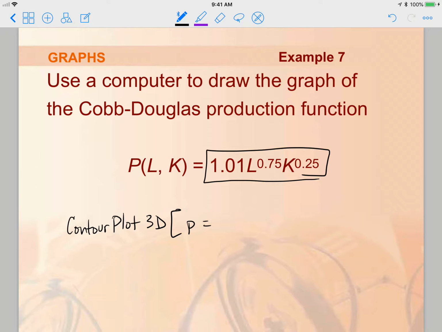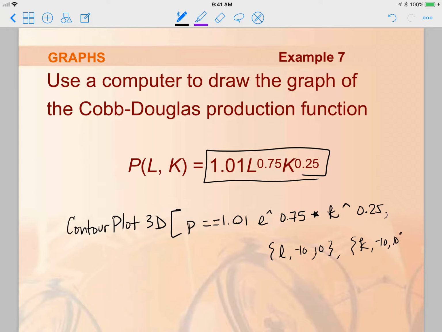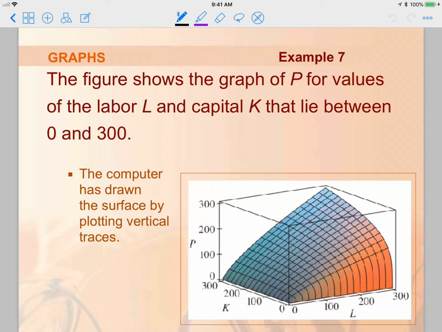So you could say p equals 1.01 times l to the 0.75, times k to the 0.25, and then you just give your domain for L, maybe negative 10 to 10, your domain for K, negative 10 to 10, and your domain for P. Okay, so it looks like this is what a sketch looks like.